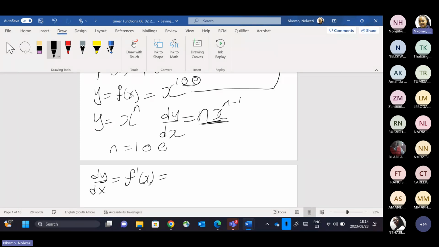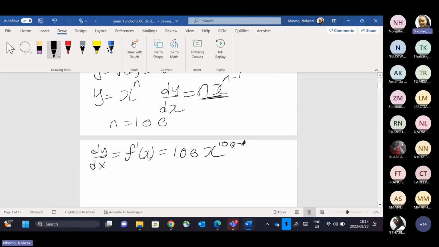We substitute 100 where there is n, and we'll have 100 x to the power 100 minus 1. If you simplify this further, this would be 100 x to the power 99, and this is our f prime, like our first derivative.